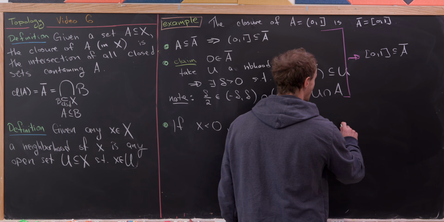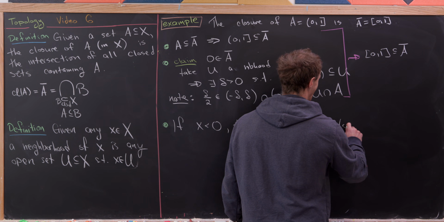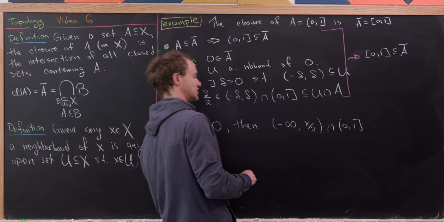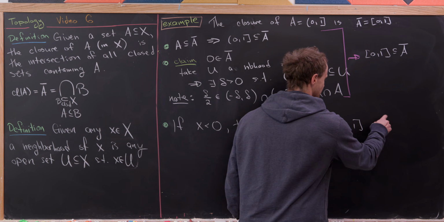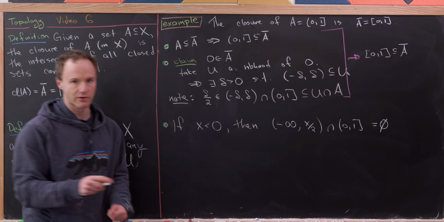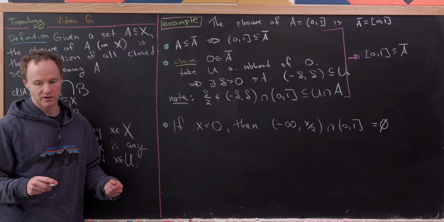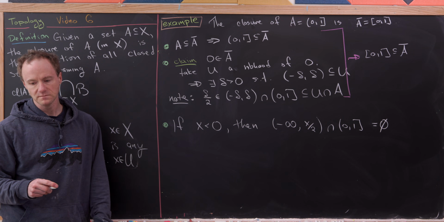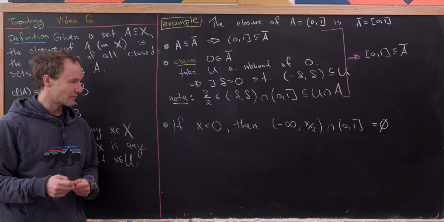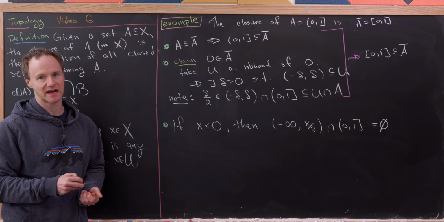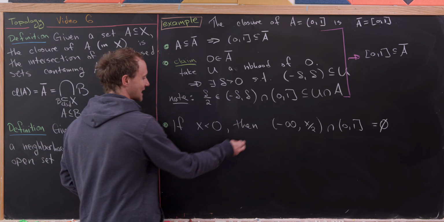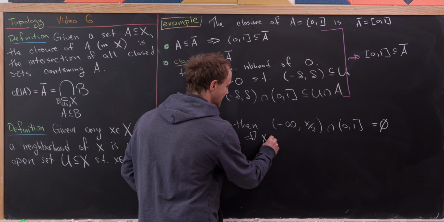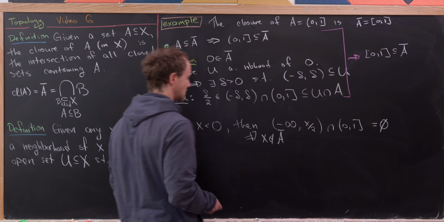But it does not intersect our set A, which is the set from 0 to 1. So in other words, this is the empty set. So in other words, we found a neighborhood of x that does not intersect A. But that's exactly what we needed for x to not be in a closure.